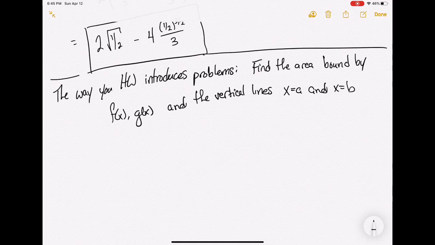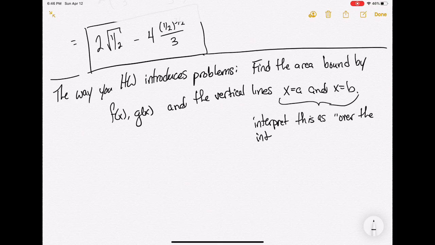And you're just supposed to interpret this part about vertical lines as over the interval a to b. So it's the same as we've always been doing.